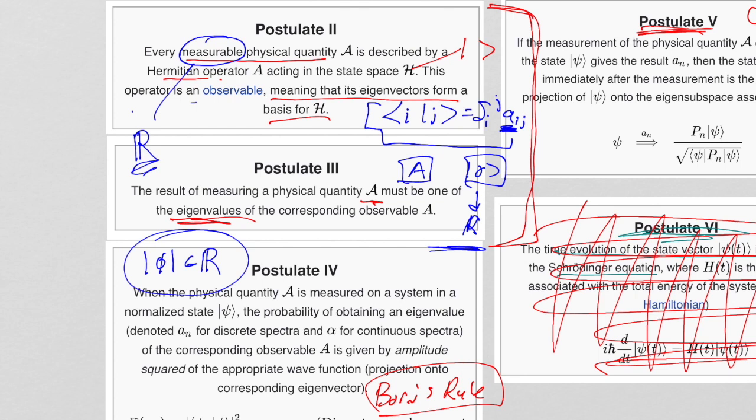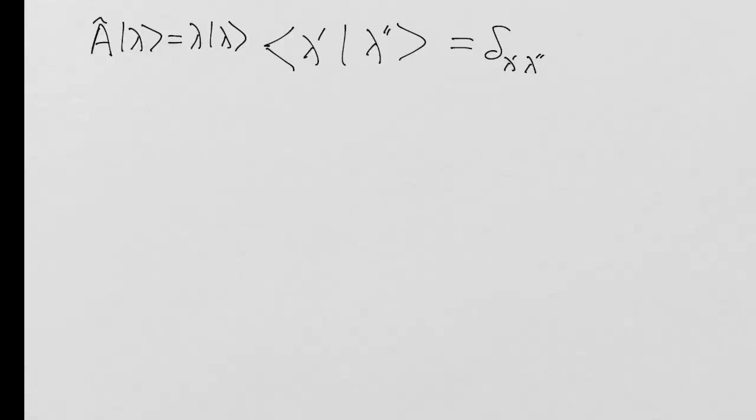Okay, so what's next? The last thing I want to cover before we close is this: let's consider an operator and its eigenkets, given by this lambda. We now know that these are orthogonal, but we're going to further presume that they're orthonormal. You can scale these with some complex number.